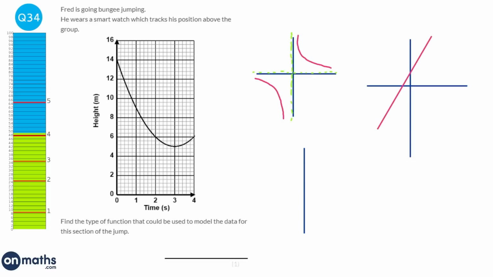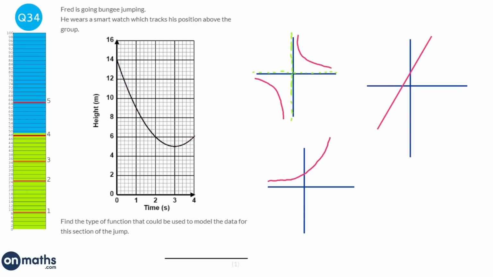Then we've got an exponential graph. An exponential graph just starts really small and then just really increases like that and just keeps going up. And here we kind of have that, obviously the other way around, it starts going down, but here it's actually going up, so it can't be a reciprocal graph.